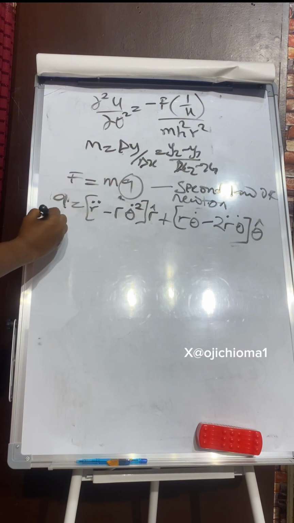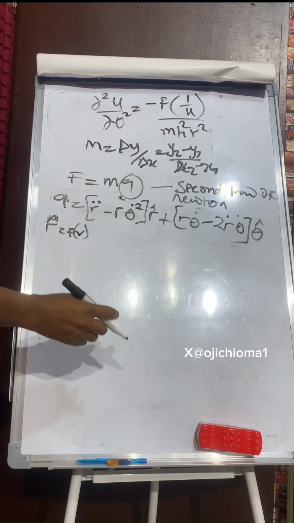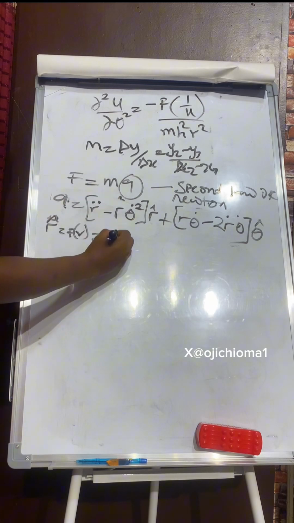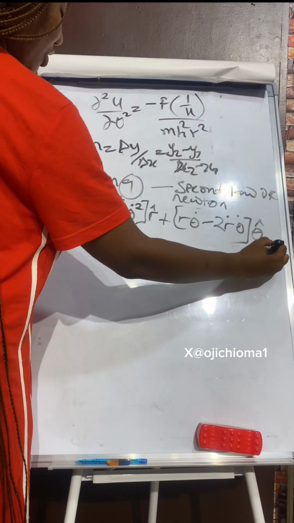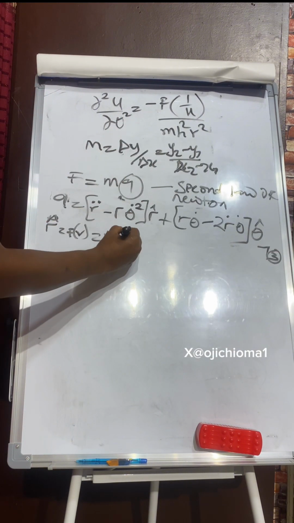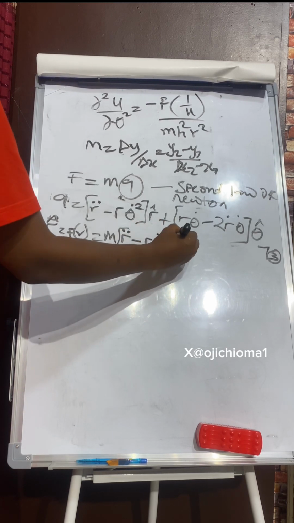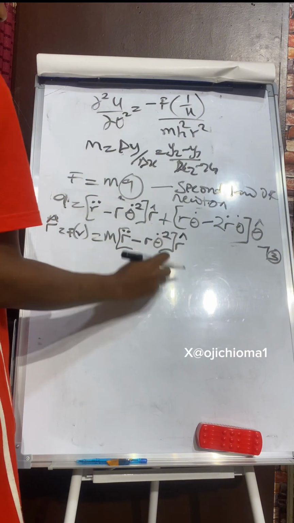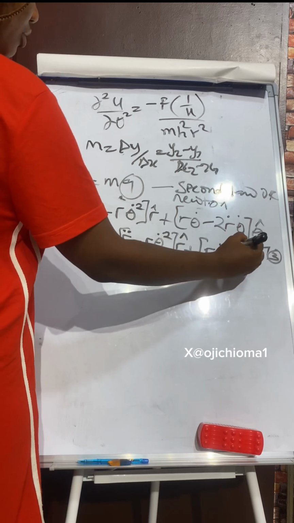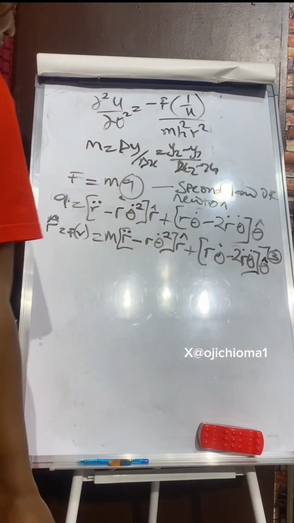Now substituting it back here, we have the r component equal to f of r, which is the function, equal to m, which is the mass. Let's call this equation 3.